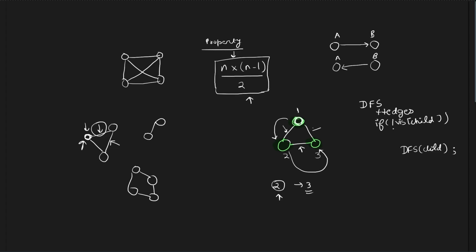So for example, we have counted this particular edge, but when we go back to 1, it again has a child 3, then it will again count this particular edge. So there will be duplicacy of edges, right?